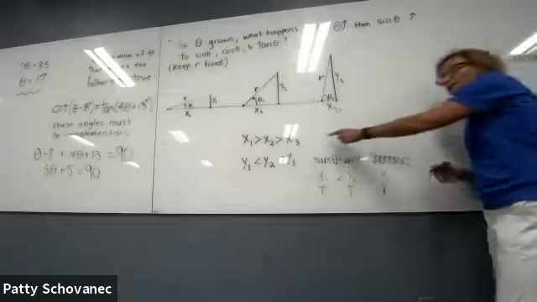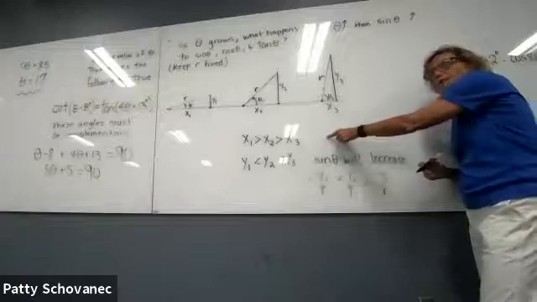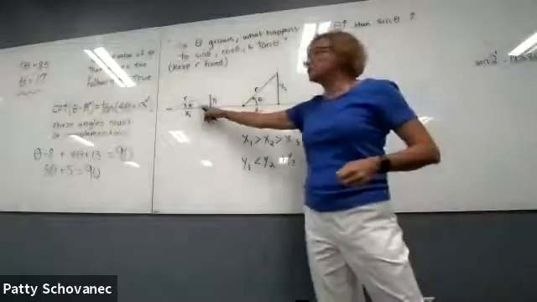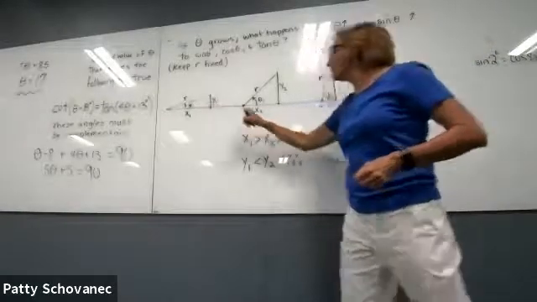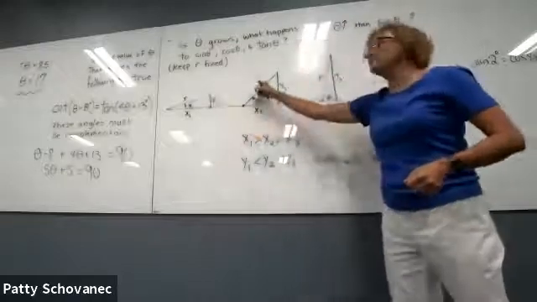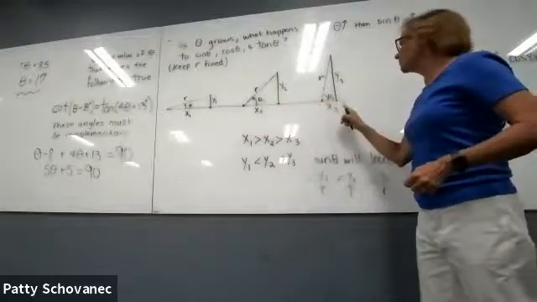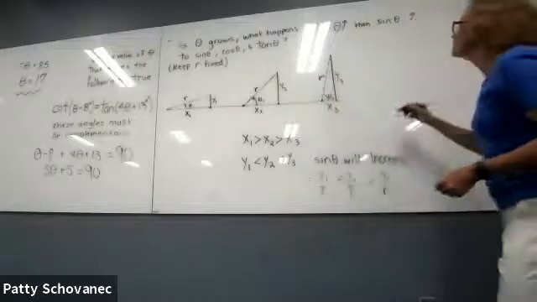It's opposite for cosine. Cosine is X over R. The cosine of this angle is going to be a bigger number than the cosine of this angle, and still bigger than the cosine of this angle.